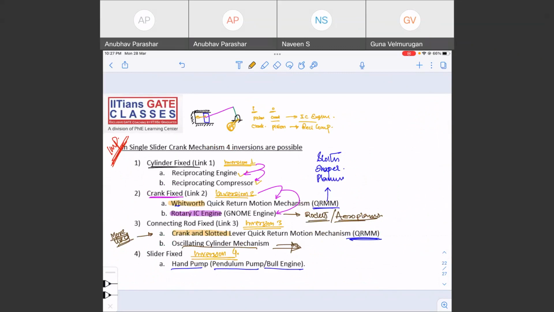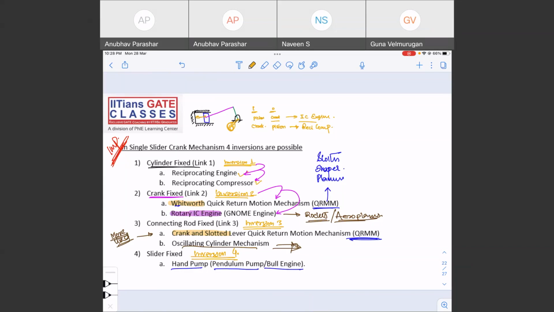Then the question might be formed, if slider of a single slider crank mechanism is fixed, which of the following machines or mechanisms will be obtained? Reciprocating engine, Whitworth quick return motion mechanism, oscillating cylinder mechanism, or it can be given bull engine. Right? So this kind of combination of questions can be formed, right?